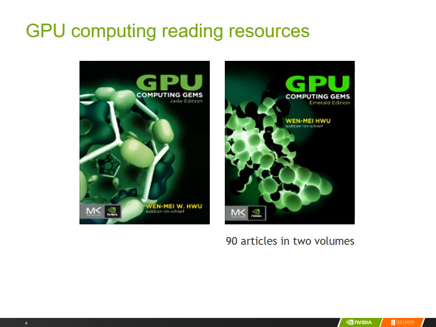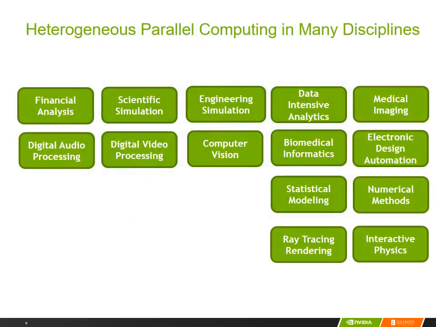This slide shows that there are two volumes of GPU Computing Gems that contain about 90 articles. These articles are case studies of how people use GPUs in heterogeneous computing to achieve their application goals. In these two volumes, you will find that there are many disciplines that are currently utilizing heterogeneous parallel computing.